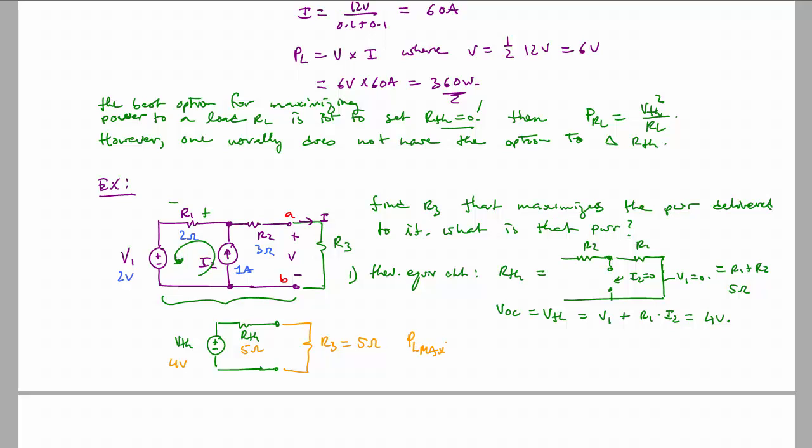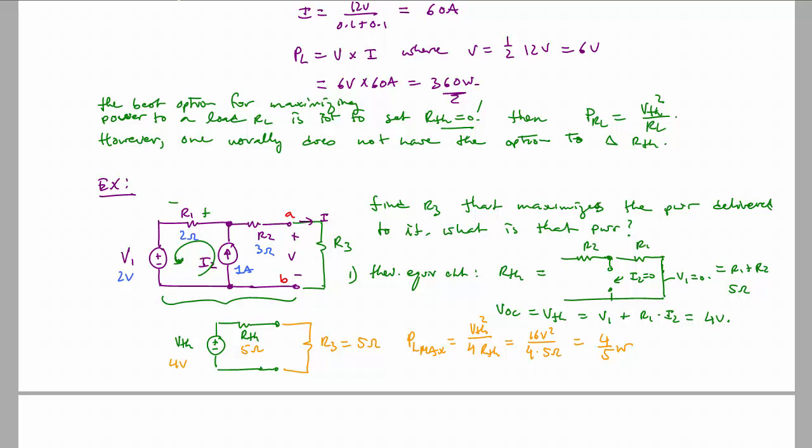and the maximum power, PL max, will be equal to V Thevenin squared over 4 R Thevenin. So that's 4 volts squared over 4 times 5 ohms. So 4/5 of a watt.